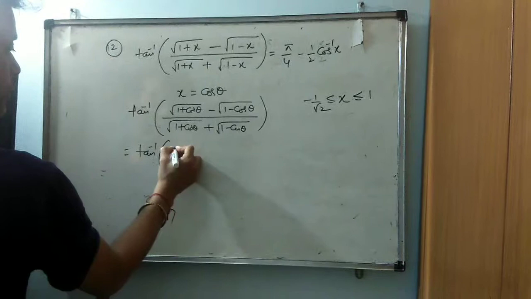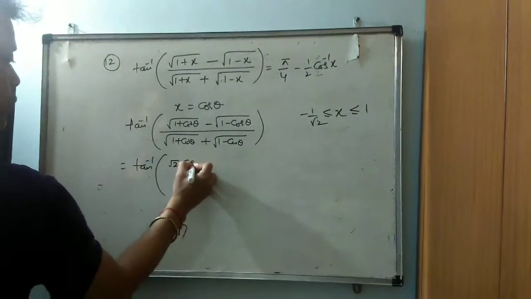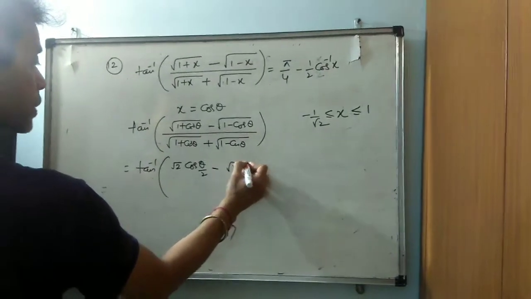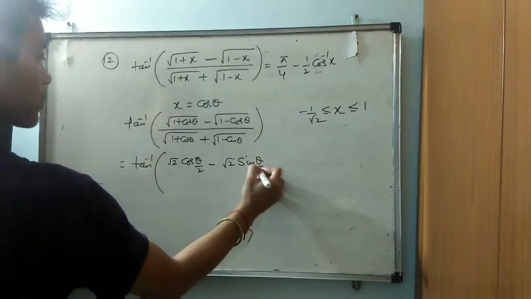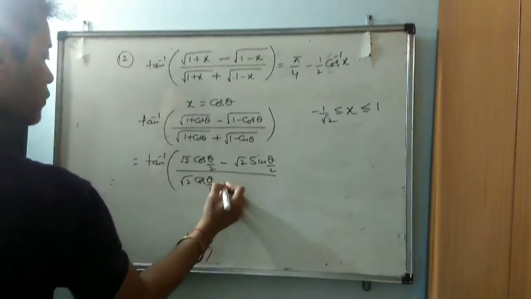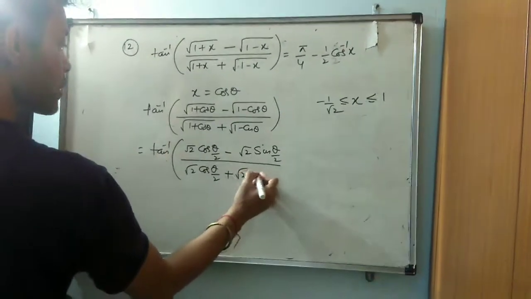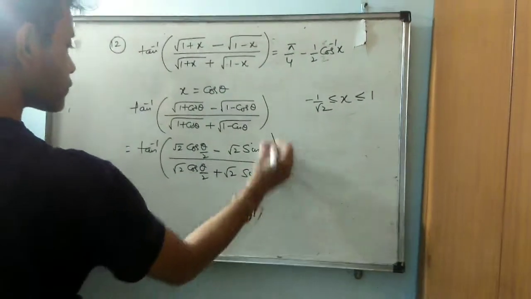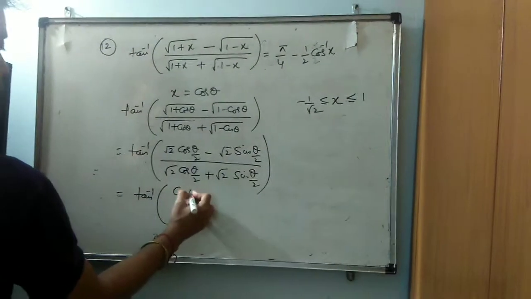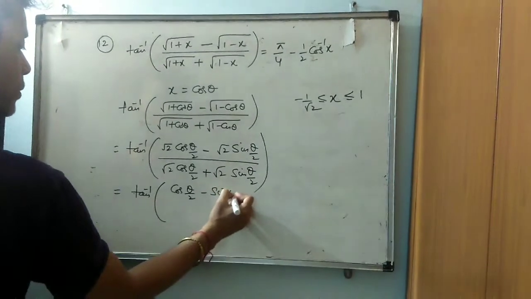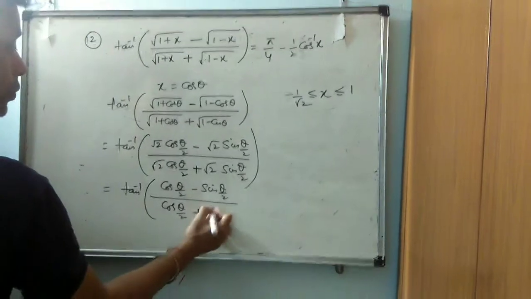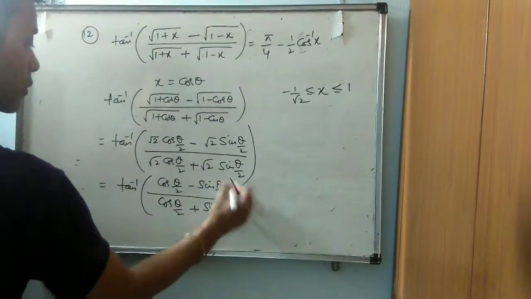So when taken out of root sign, it becomes root 2 cos theta by 2. 1 minus cos theta is 2 sin square theta by 2, which gives you root 2 sin theta by 2. Same thing when done in the denominator: root 2 cos theta by 2 plus root 2 sin theta by 2. This on simplification gives us cos theta by 2 minus sin theta by 2, divided by cos theta by 2 plus sin theta by 2.